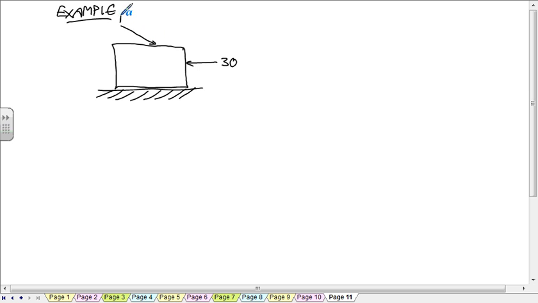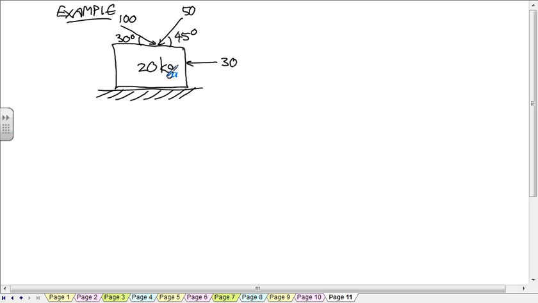There's a 100 Newton force acting diagonally down and to the right, and that's at an angle of 30 degrees with the horizontal. And there's another force acting down and to the left with a magnitude of 50 newtons. And that makes an angle with the horizontal of 45 degrees. Let's say the box is 20 kilograms.